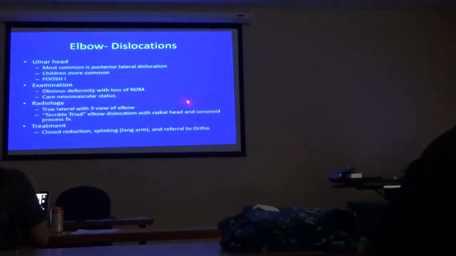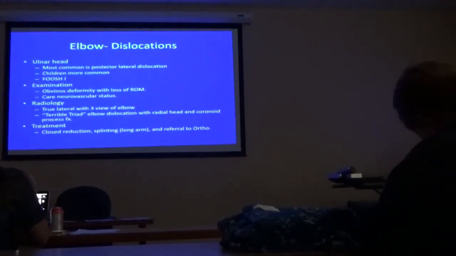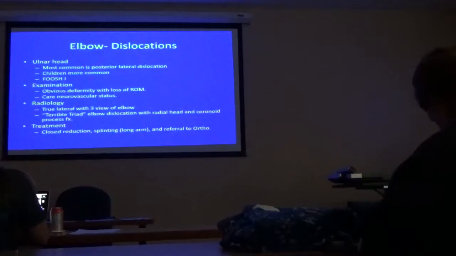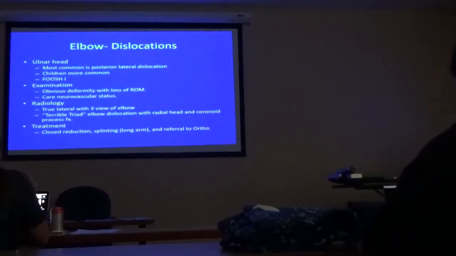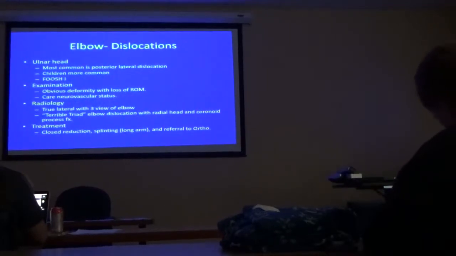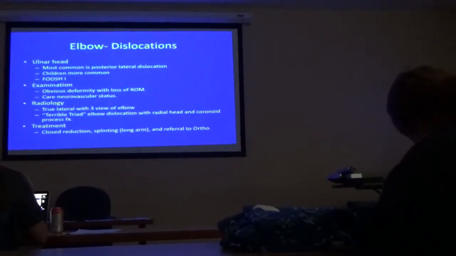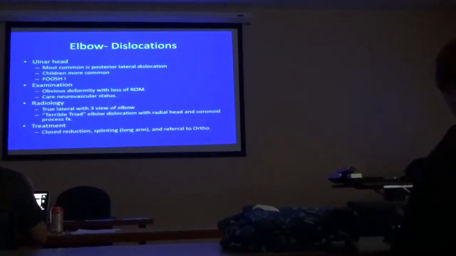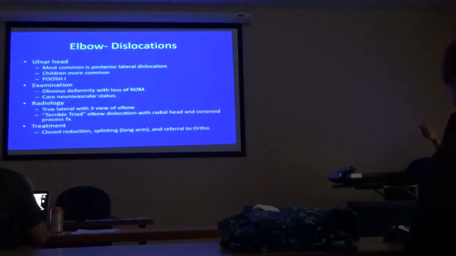Take care in examining neurovascular status. Those injuries have a good time hurting the neurovascular bundles that come through there, and you make sure that they didn't catch anything. So always test cap refill under the fingers. Always try to do good sensation testing, and you guys know the location and innervation of your different peripheral nerves in your extremities.